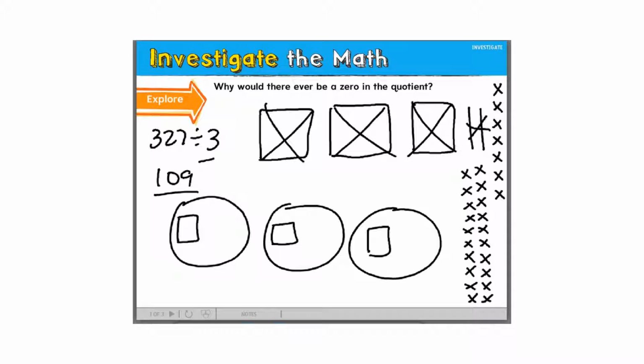Now I have 27 1s. So if I distribute 27 1s amongst 3 circles, can I do that? Yes. And how many 1s would go in each circle? 9, because 3 goes into 27 9 times. So I'd have 9 in each circle.